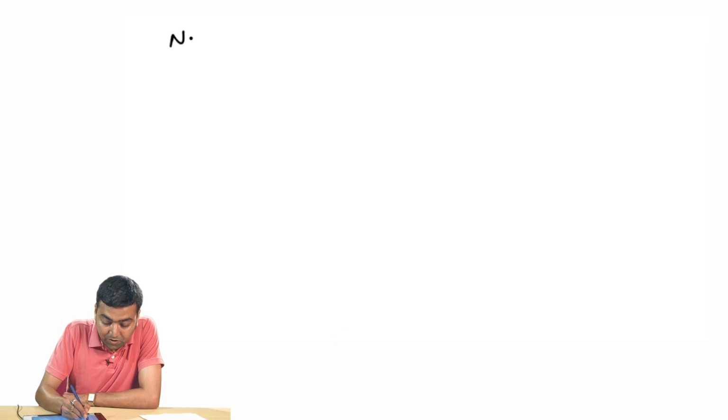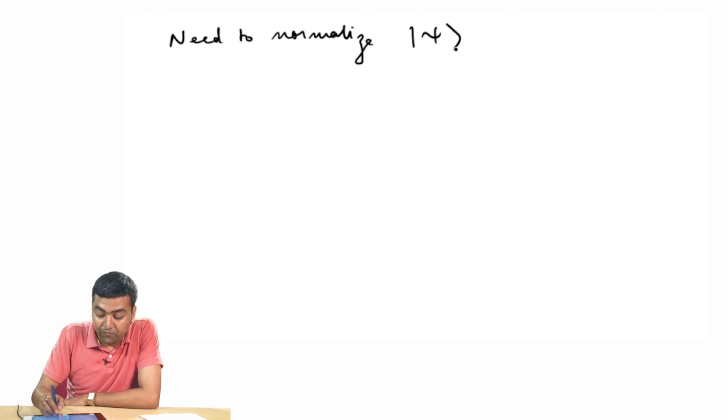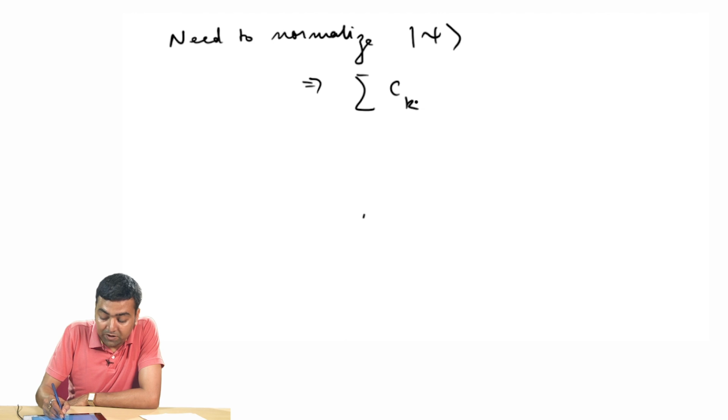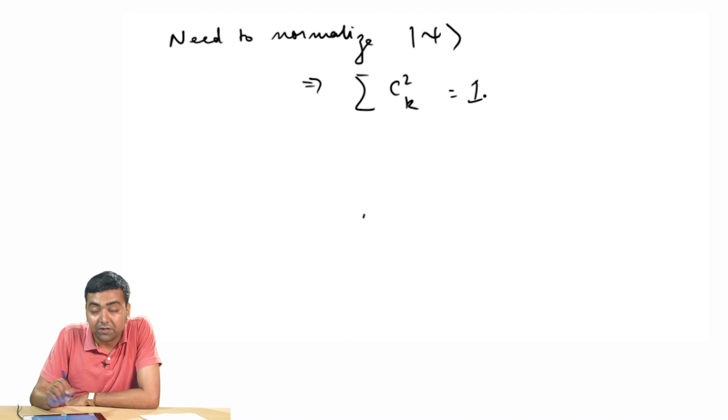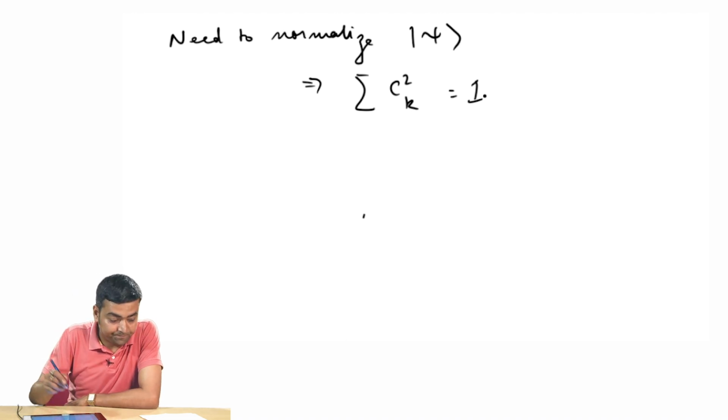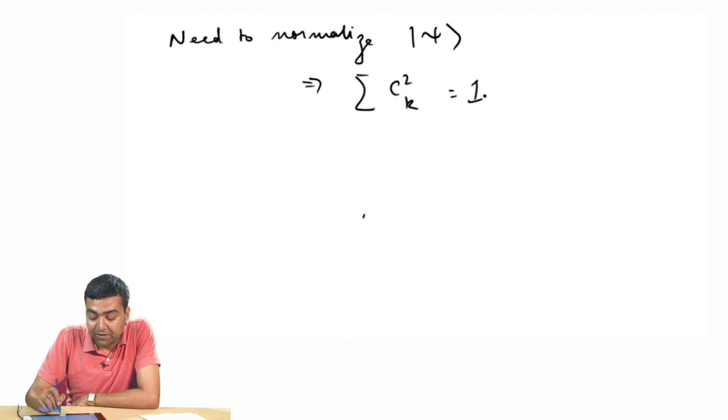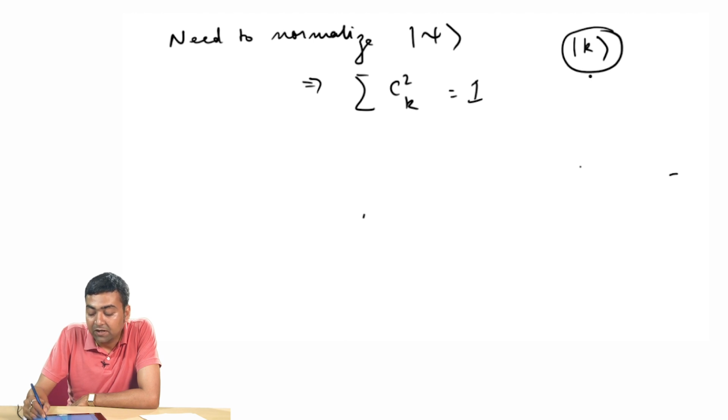So, we need to normalize my psi. If we impose the normalization condition, what one can show is that the sum over the square modulus of the coefficients should give me 1, because I have assumed that this discrete basis set of k basis vectors is also normalized.